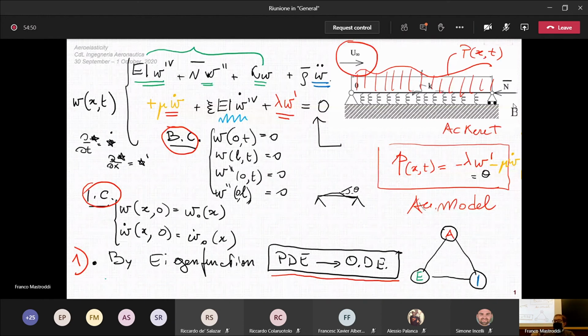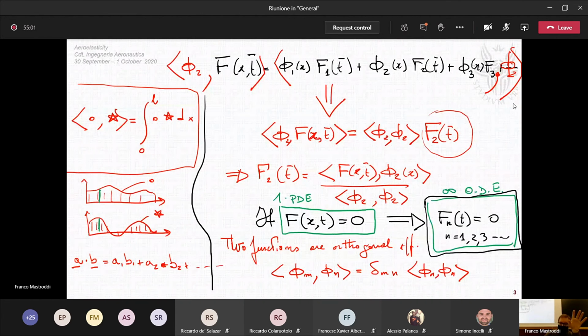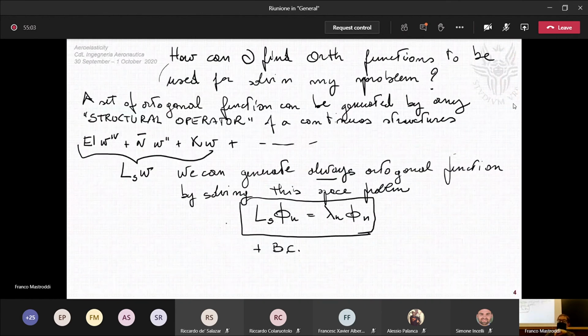So you will always generate orthogonal functions if you take this operator and solve the following problem. When the operator applied to the function is able to give you the same function multiplied by a constant, is this problem similar to other problems you encountered in your life? Yes, probably you encountered this problem. Matrix times vector x is equal to lambda times vector.